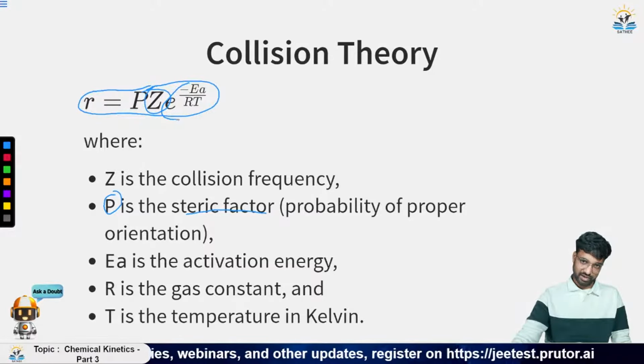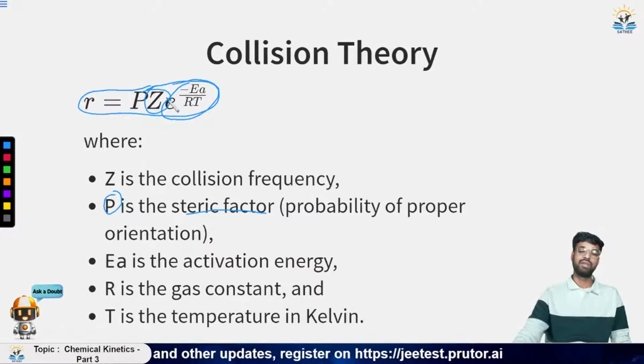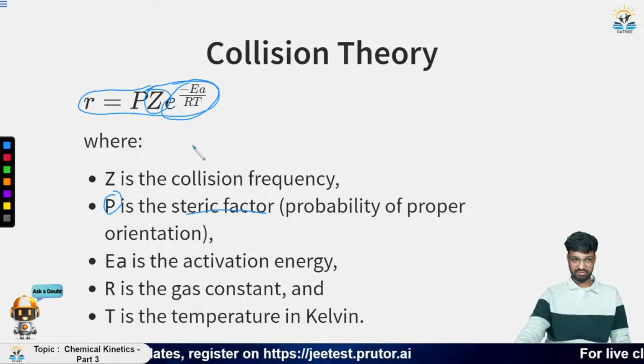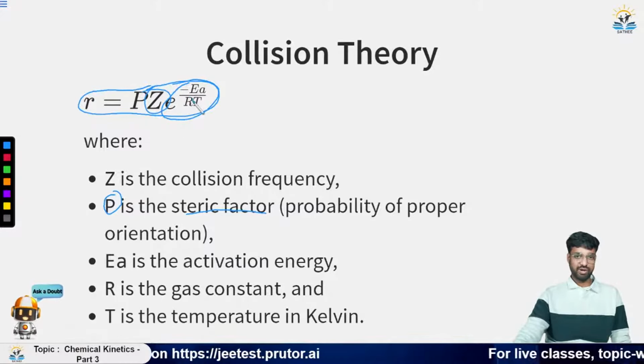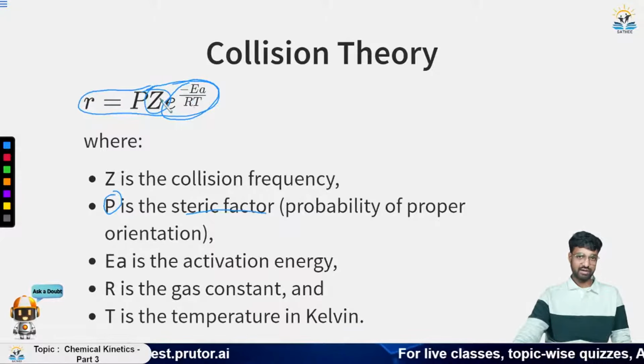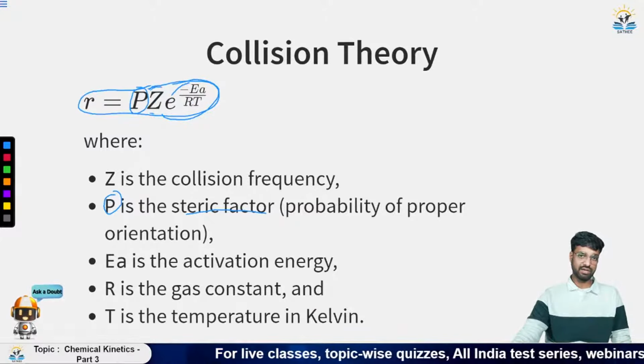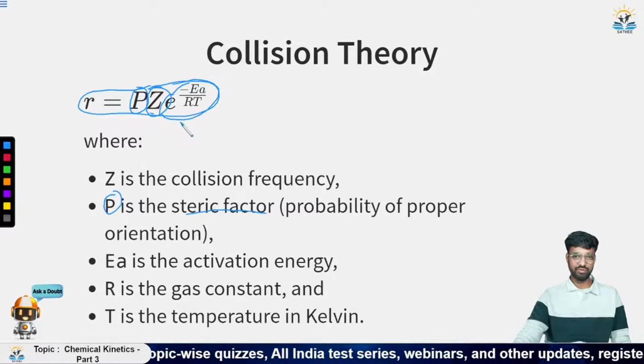You know this part very well: it defines the temperature, or energy, part. So there should be a particular energy and a particular orientation. And the third one, the simpler one, is the number of collisions per unit volume. Collisions must occur to get our product. So three factors are considered here.